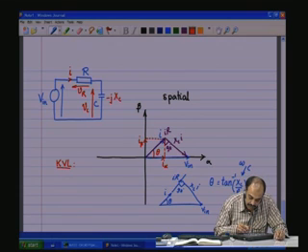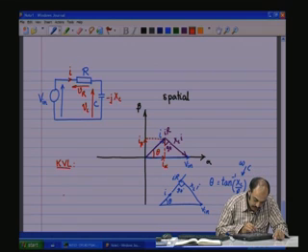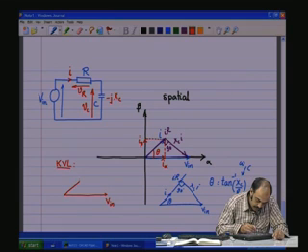We have the input vector, we have the voltage across R, VR, and we have the voltage across the capacitance, VC. So, we have V in, we have VR and we have VC, and this is 90 degrees.